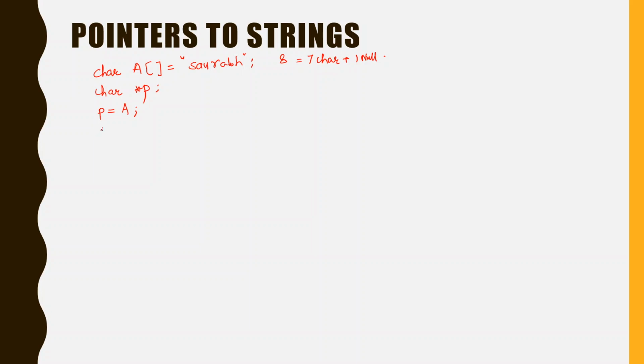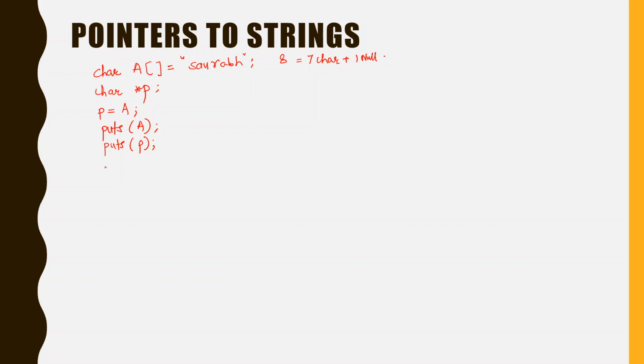If you want to print this string using puts, you simply do puts(a). Alternatively, while printing through a pointer variable, it only requires puts(p). So puts(p) would print the character array in the form of a string. The same can be done with the help of different functions.